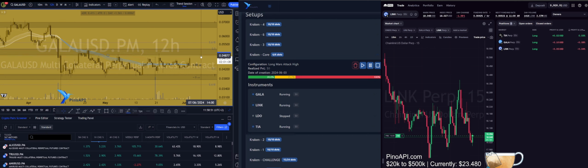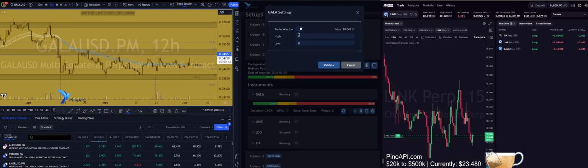Let's put it here. I think we could get a rejection here where we just deviate back to the mid-range, maybe to the lows. I kinda wanna get out here just to reassess.